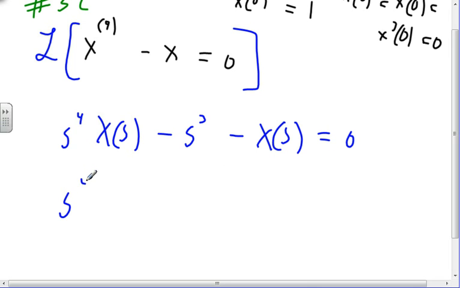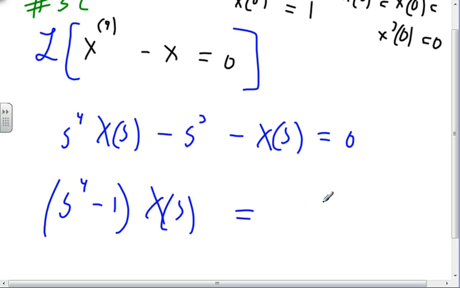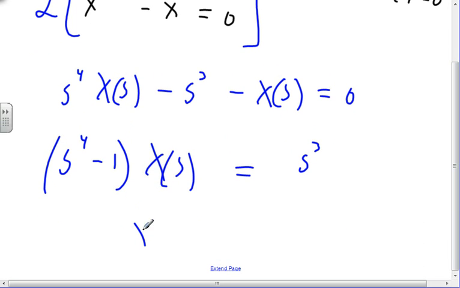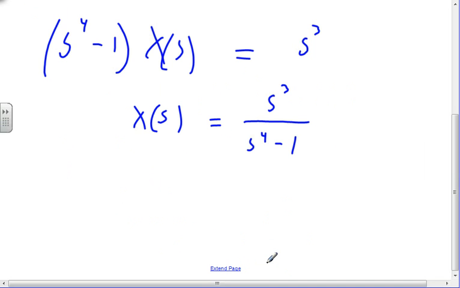S to the fourth minus 1 times x of s is equal to s cubed. X of s is equal to s cubed over s to the fourth minus 1. Okay, so now we ask ourselves, do we have a Laplace transform that looks like that?